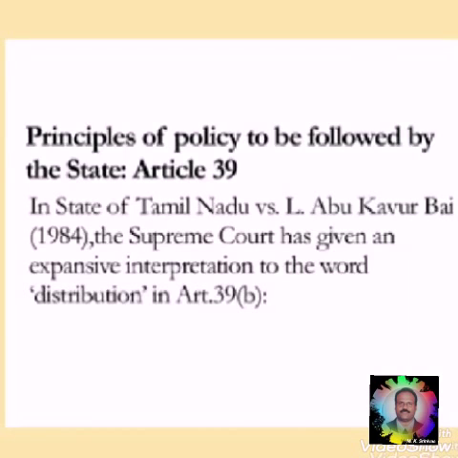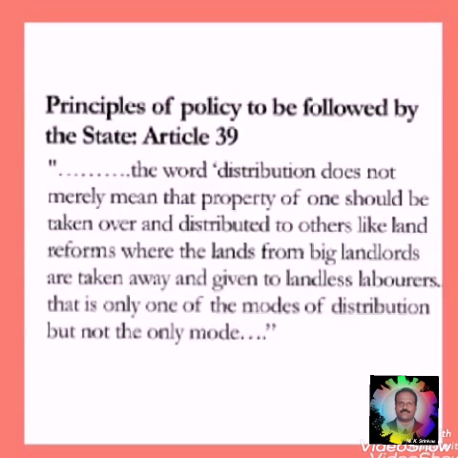Now, principles of policy to be followed by the state. Article 39. In State of Tamil Nadu versus L. Abu Kavur Bai, 1984, the Supreme Court has given an expansive interpretation to the word distribution in Article 39(b). Distribution does not merely mean that property of one should be taken over and distributed to others, like land reforms, where the lands from big landlords are taken away and given to landless laborers.